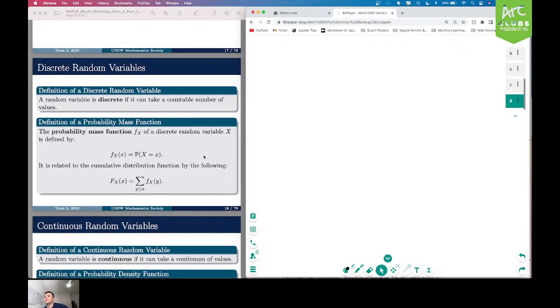We have this concept called discrete random variables. You'll see what continuous random variables are soon, but a discrete random variable takes on a countable number of values. And so what we have is our probability mass function, which we call lowercase f of x, the probability mass function for our random variable X. Basically, in the discrete case, we would have a whole lot of bars, and the mass at a particular value is just the height of the bar, right?